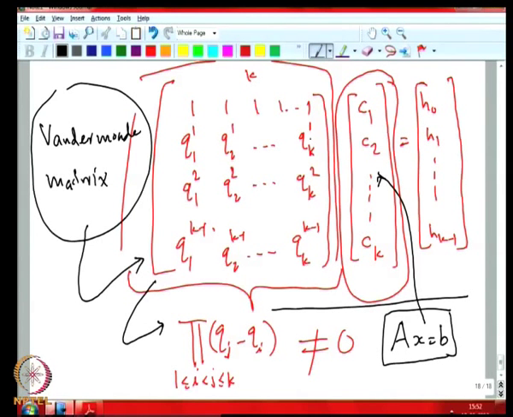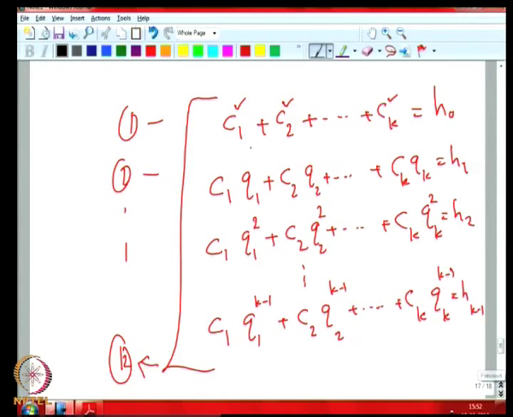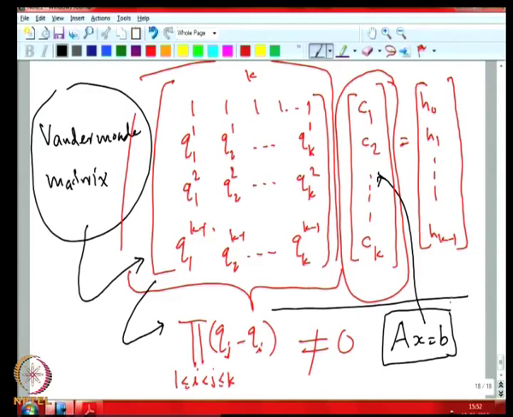The matrix comes like this because we are collecting the coefficients from here. The first row is 1, 1, 1, the coefficients of C1, C2, Ck. The second row is q1, q2, qk. The third row is q1 raised to 2, q2 raised to 2 and qk raised to 2, because we are substituting n equal to 2 there. And the answer has to be H0, H1, and so on, so this is the b here.